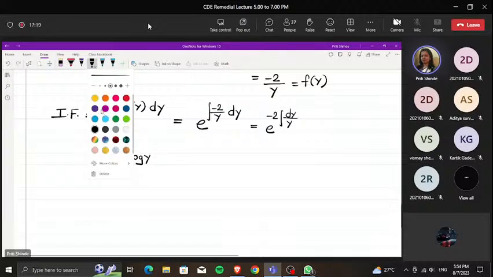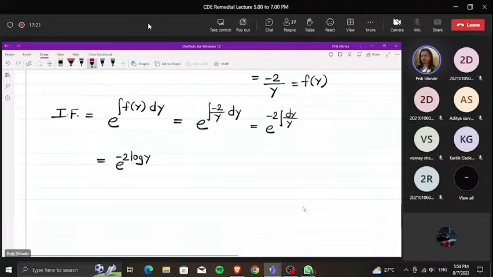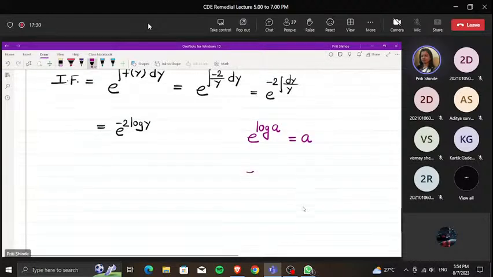Now, very important properties. e raised to log a is a only. We have used this in the previous example. Now, what is e raised to b log a?